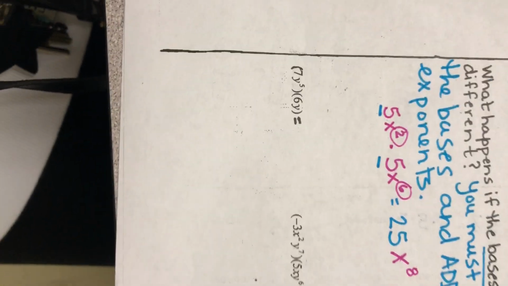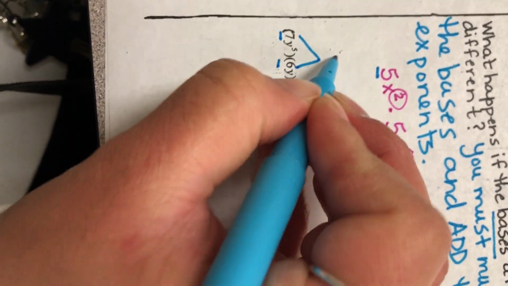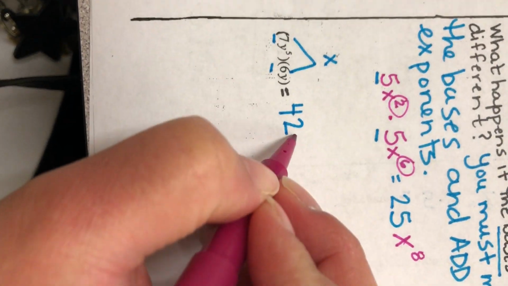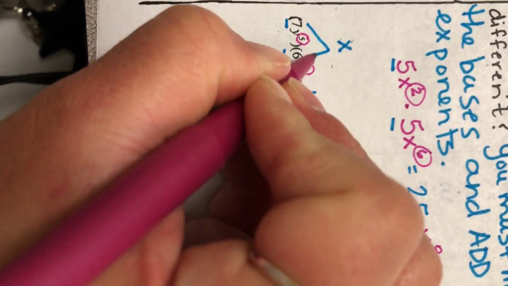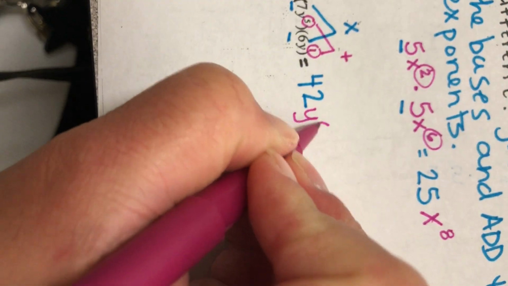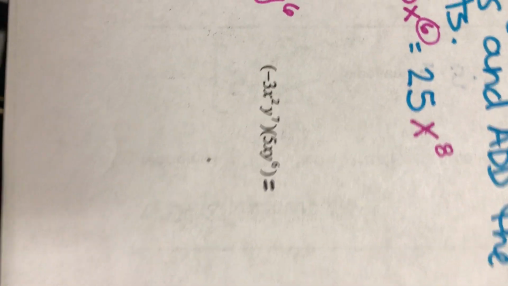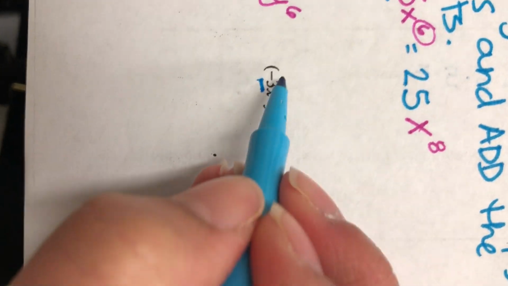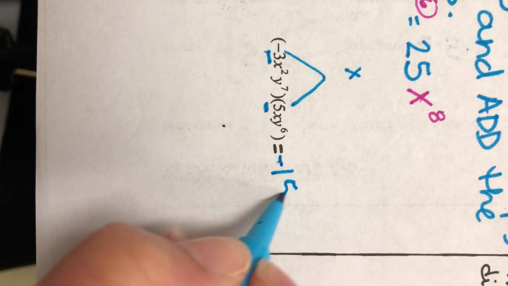Let's do another one. Identify your bases. They're different, so multiply them. What's 7 times 6? 42. Write down your letter and add 5 plus imaginary 1, 6. Here, identify your bases, -3 and 5. -3 times 5 is -15.